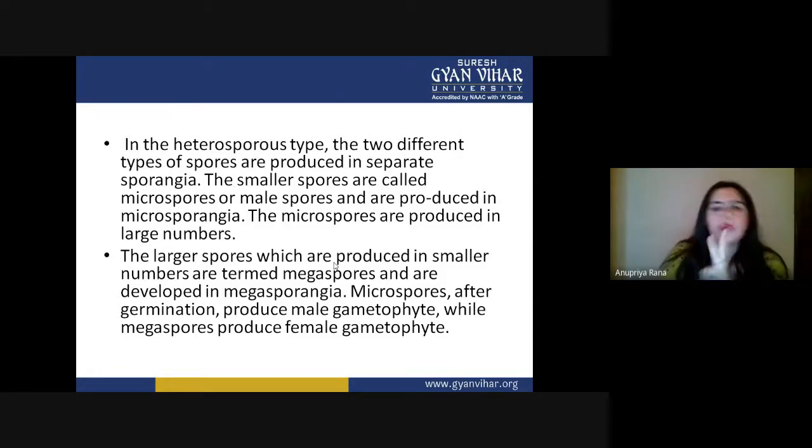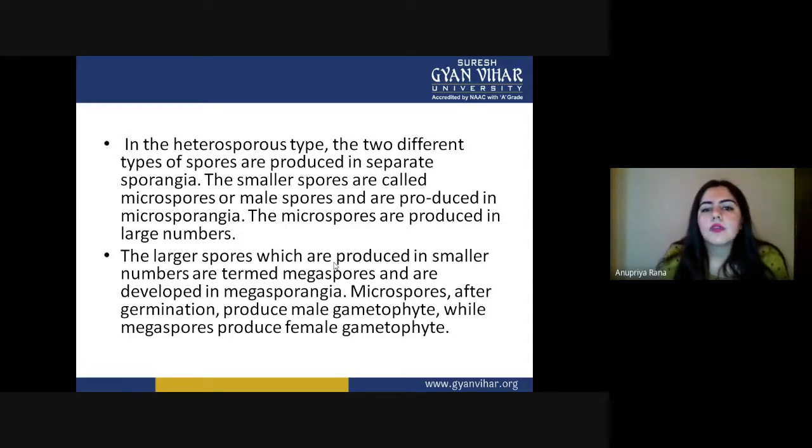So, what are the three things you have to remember? Heterosporous means different kinds of spores. Different kinds of spores are produced in different kinds of sporangia. In different sporangia, there will be one for male and one for female. For male, we have microsporangia, which produce microspores, which are small. Okay, they are small, they are male, and they are microspores.